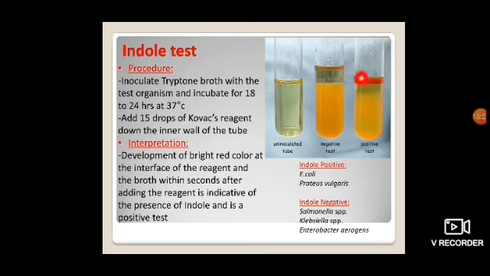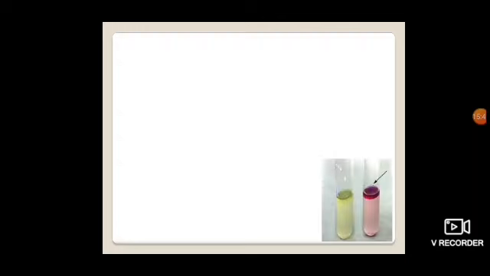If there is a presence of cherry red color in the upper part of the sample in the test tube, it is considered a positive test, and if there is no formation of any cherry red color ring, then it is a negative test.